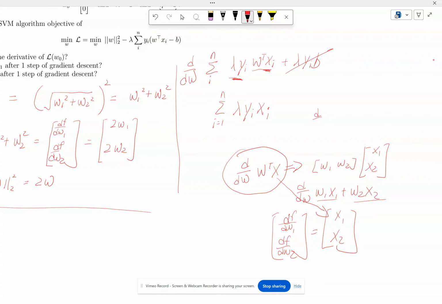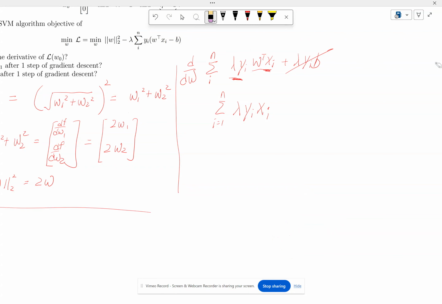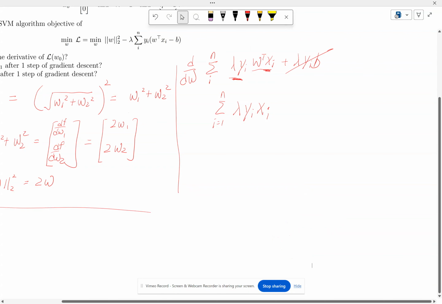So d dw of w transpose x is just equal to x. You can see the reason why that's the case. So anyways, let's continue. This is the derivative, and that's basically it. It's not that complicated.